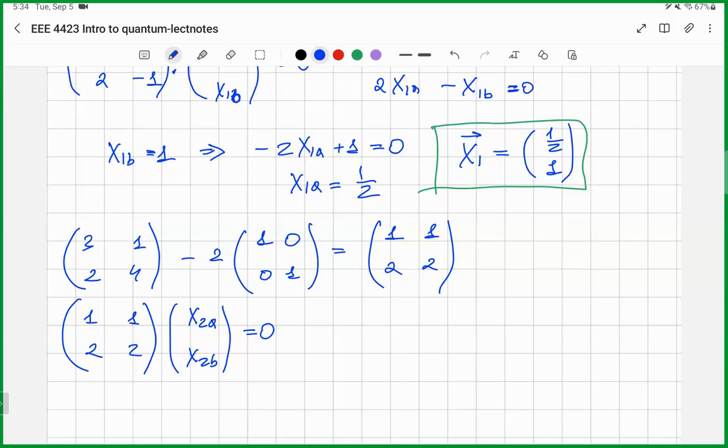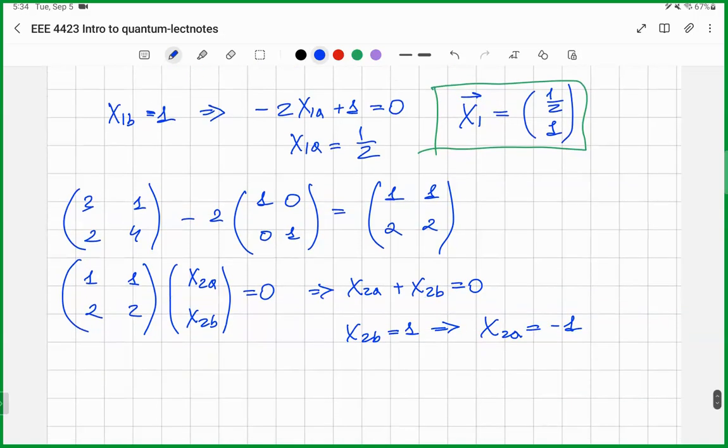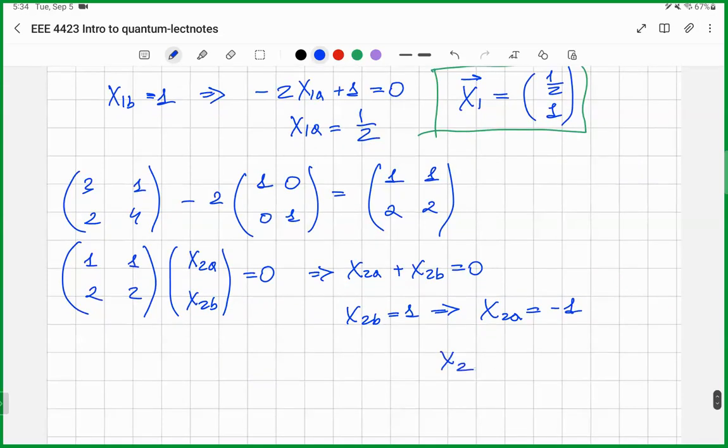Again, we obtain two identical equations, which are x2a plus x2b equal to 0. We assume that x2b is equal to 1, and hence x2a is equal to -1. So the second eigenvector is -1 and 1. This is the second vector.